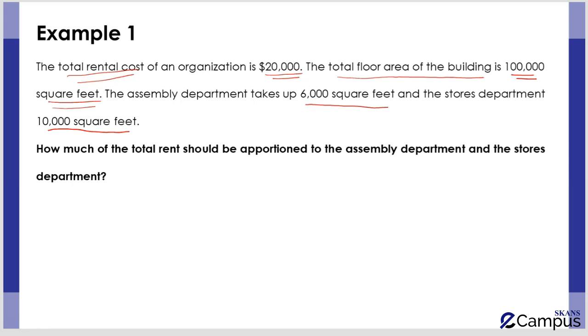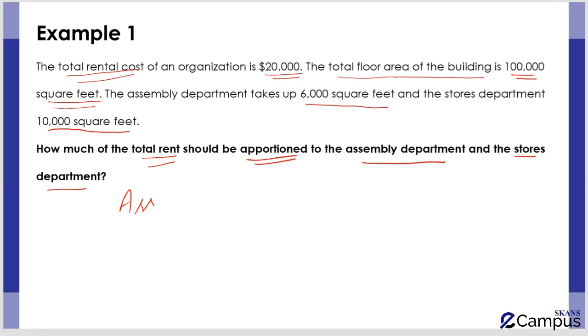How much of the total rent should be apportioned to the assembly department and the stores department? So the point is the illustration is related to the apportionment of rent expense between the assembly department and the stores department. The overhead cost will be apportioned on the basis of square feet.